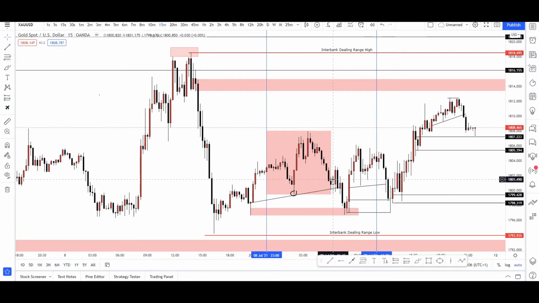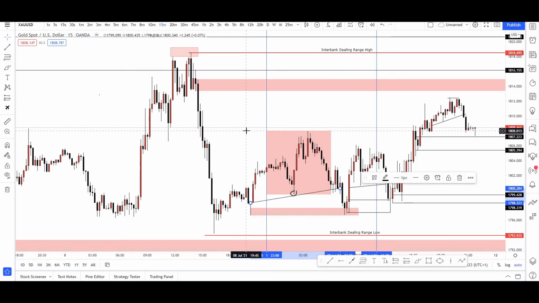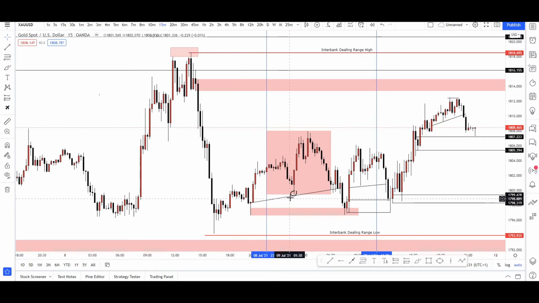Now, when you first start trading, what you're going to learn is that you are supposed to buy at the third and magical touch of the trend line. However, market makers are aware of that, so they will use that in their favor to liquidate even more retail positions. So in this case, we had an Asian low sitting on that trend line, which is a huge liquidity pool for price to snap through.